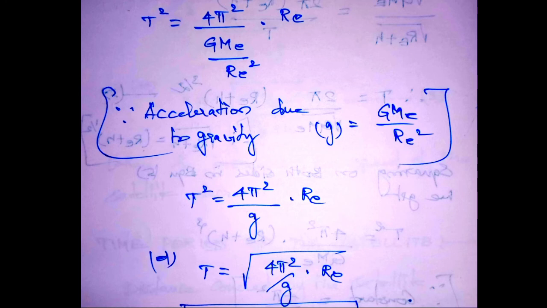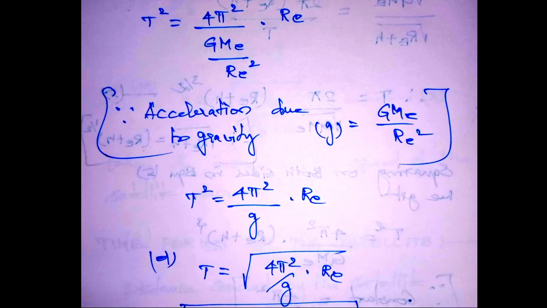Then we know the acceleration due to gravity g equals G Me divided by Re², and changing the denominator to small g, we get T² equals 4π² divided by g, into Re. Now since we need only the time period, the square is moved to the opposite side.